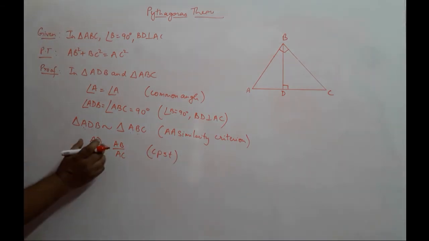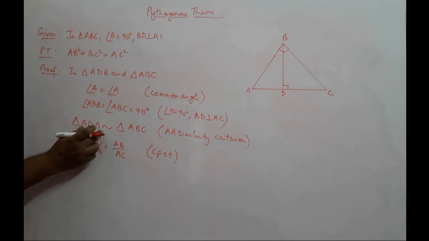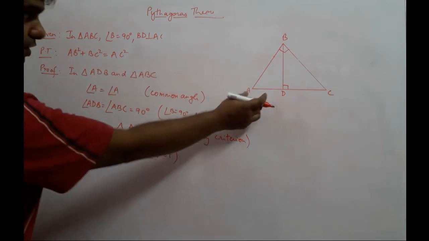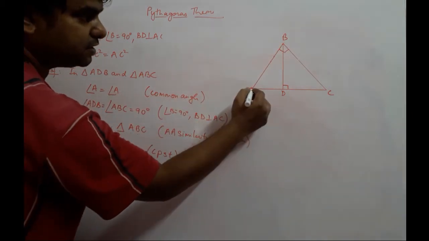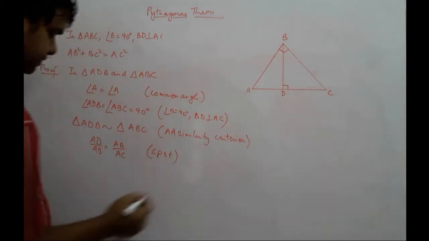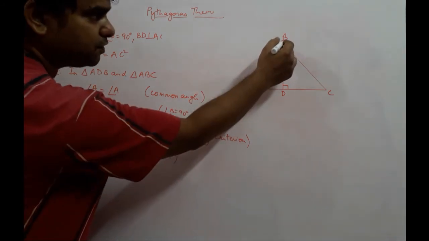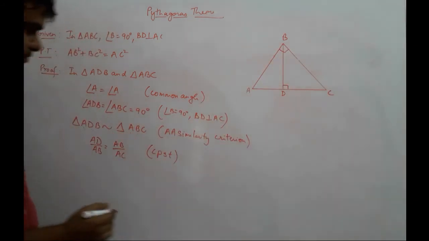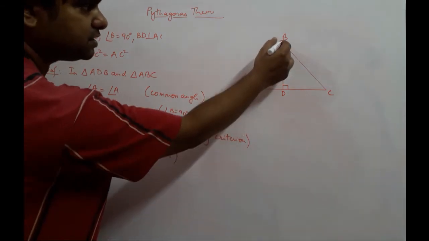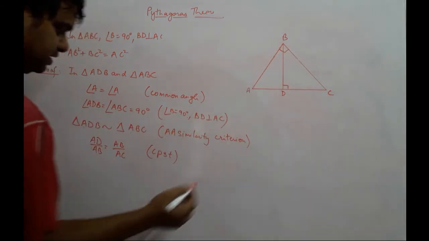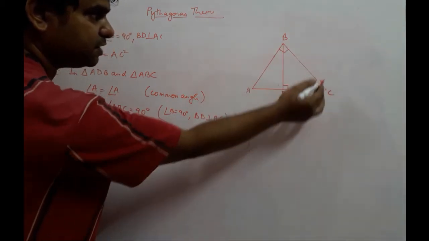Have a look at these sides that I have taken, whether they fall in this particular triangle or not. You can even have a look in the figure. AD is part of the triangle ADB upon AB. AB is part of triangle ABC. We have AB, which is part of this triangle ABD we are discussing, upon AC, part of the bigger triangle ABC.